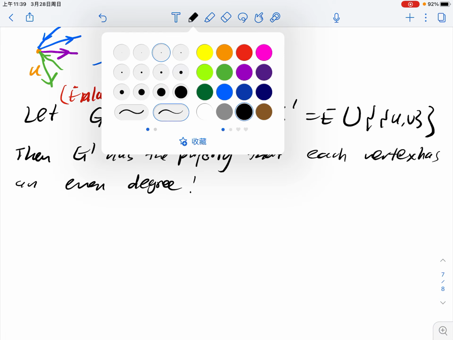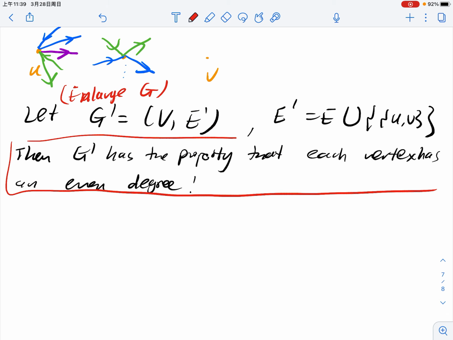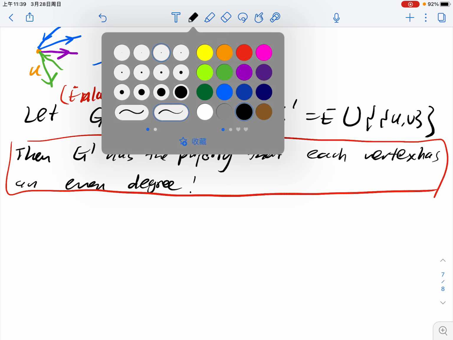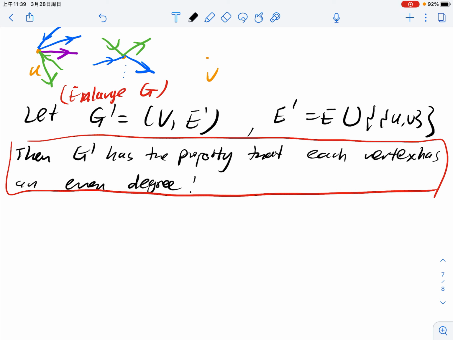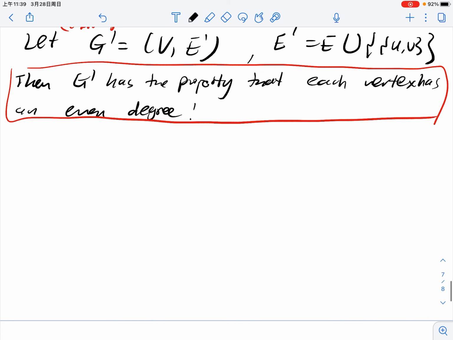So this is a crucial part. You connect UV and you just change the degree a little bit so that G prime, the enlarged one, has even degree at each vertex.